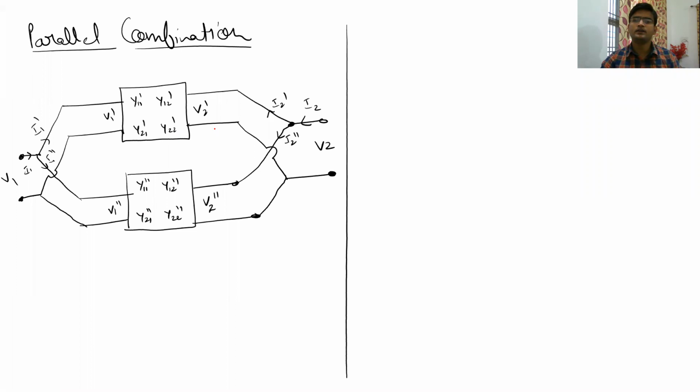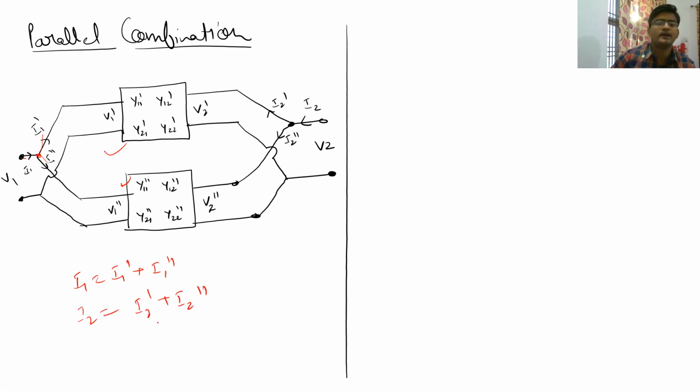Now, as you can see here, these circuits are in parallel combination. Why parallel? Because the current is getting divided from here in two parts for these two different two-port networks. So on seeing this, you can say that I1 is equal to I1 dash plus I1 double dash. Similarly, I2 is equal to I2 dash plus I2 double dash.